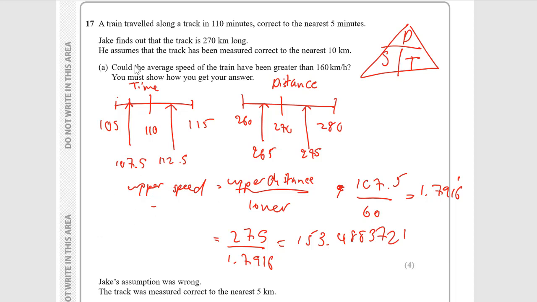So remember the question is, could the average speed of the train have been greater than 160? So no. Average speed not over 160 kilometers an hour, because this was the upper speed and we got 153.